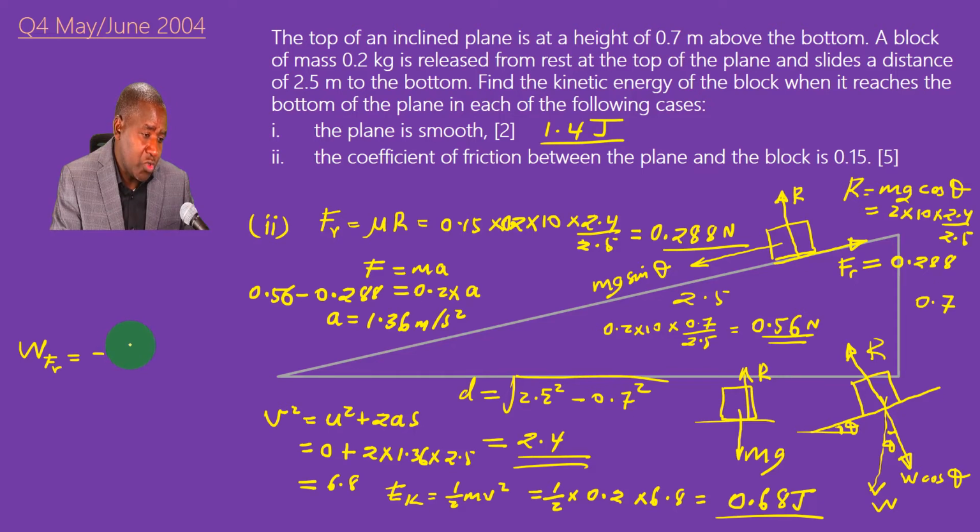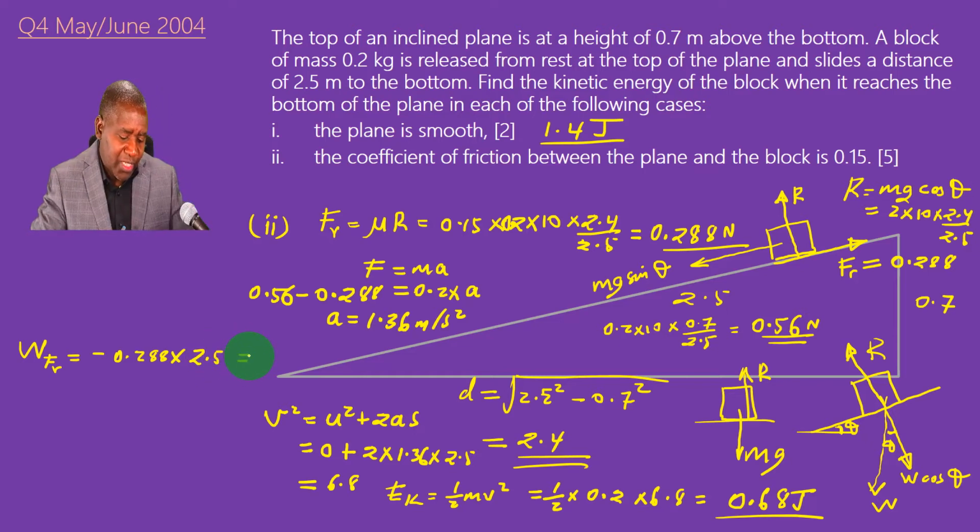So I'm going to have that friction force, which is 0.288 times the distance covered, which is 2.5. Let me see what that one gives me. 0.288 times 2.5, and I get 0.72.